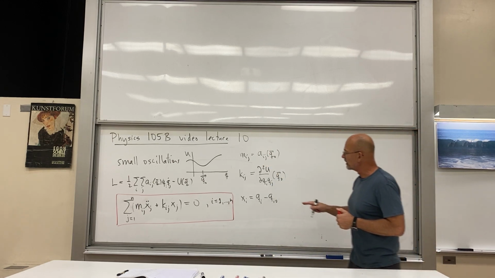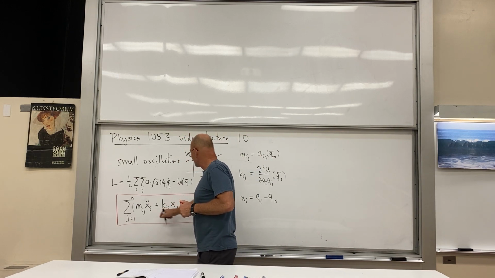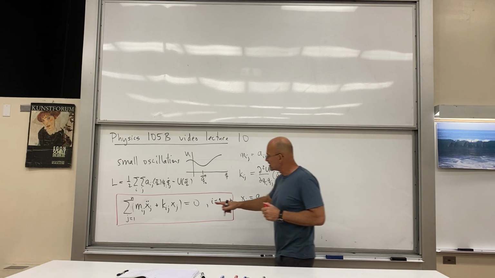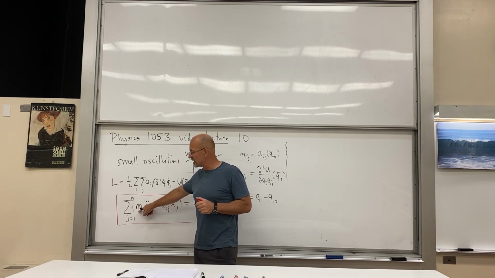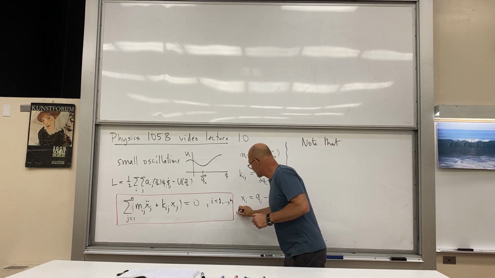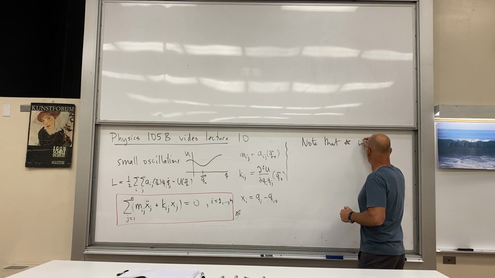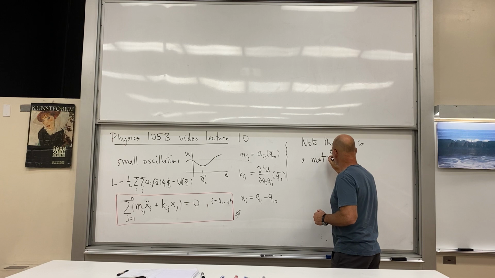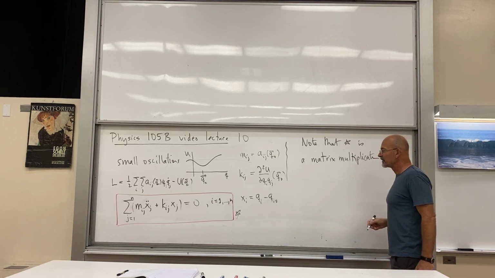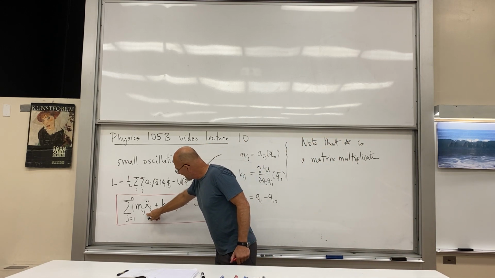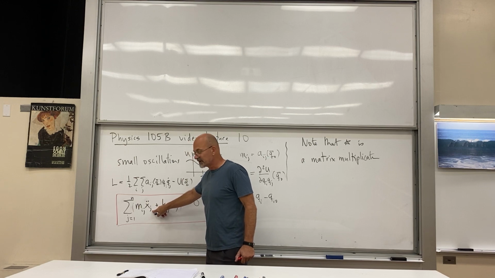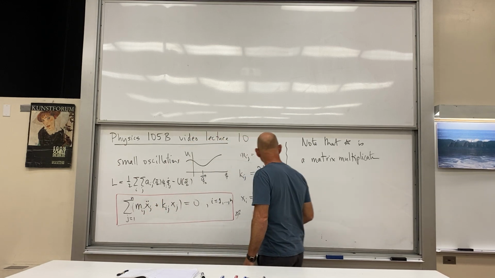Now, we're going to solve this thing, but the first thing we have to note about it is the form. This is a matrix multiplication. So let's just make sure we see that. Note that this equation star right here is a matrix multiplication. So what do we mean by that? Since we're summing over the j, it's as though we had the ith row of this matrix times the column. Okay, the ith row times the column, we're summing over j.